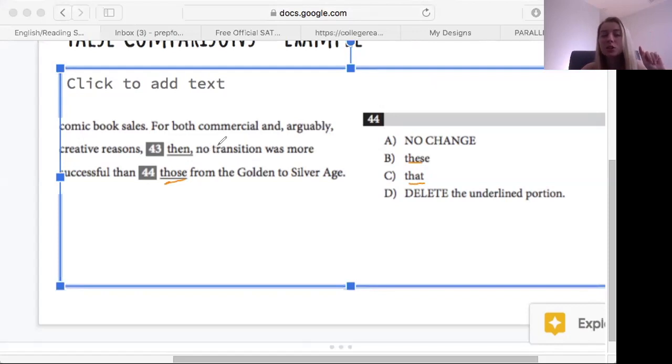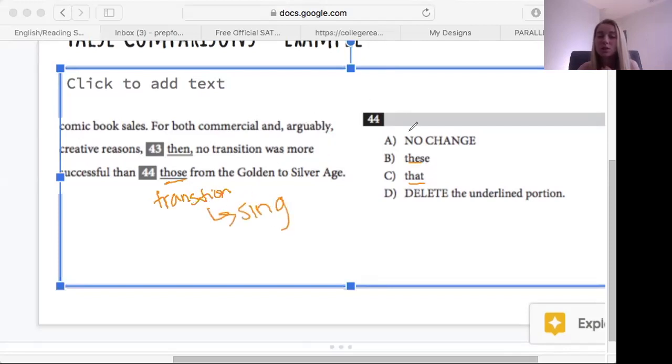So here I'm saying no transition was more successful than the transition from the golden to silver age. Notice what I do there. When I have those words, this, that, these, those, I plug in the item that I'm trying to compare. So I'm saying the transition from the golden to silver age. Now the transition is singular.